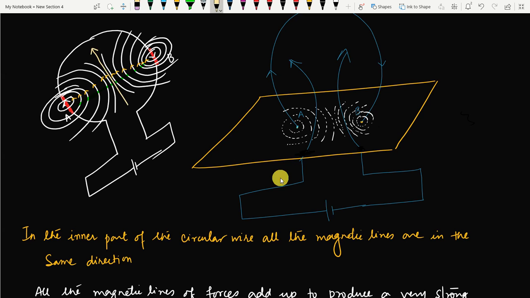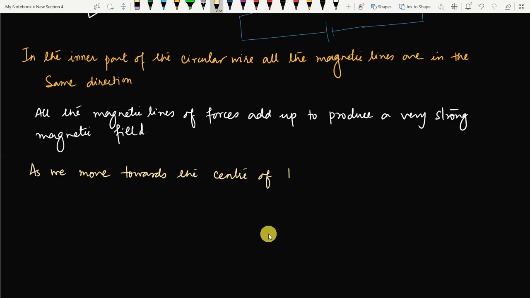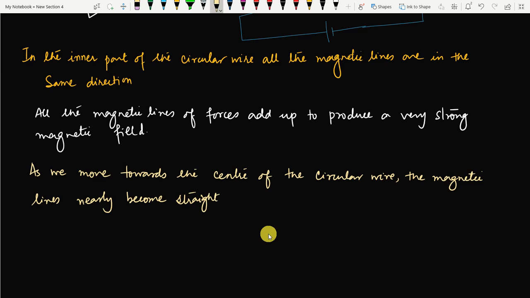As we move towards the center of the circular wire, the magnetic lines nearly become straight and parallel.